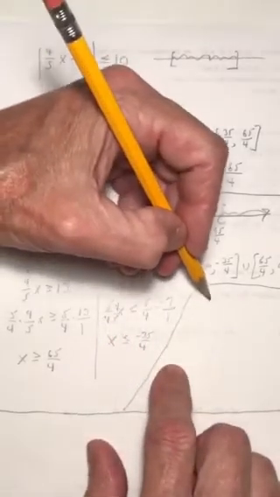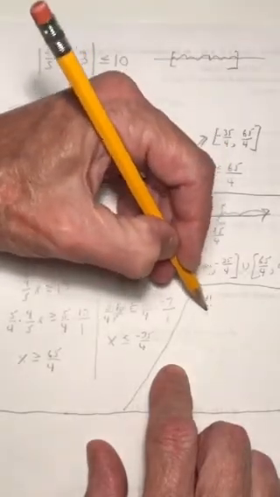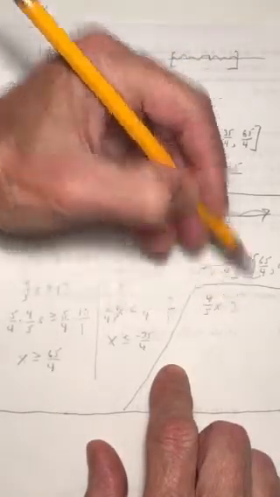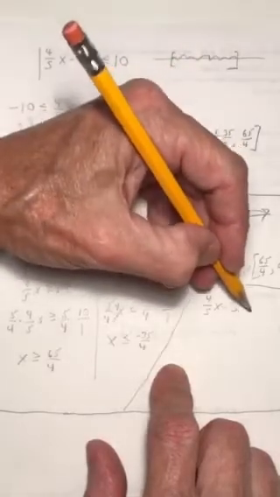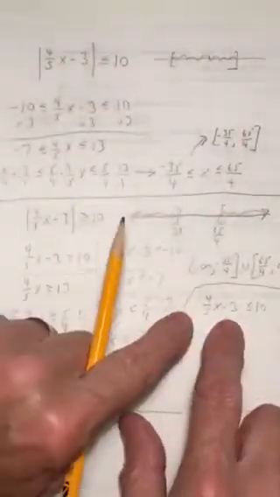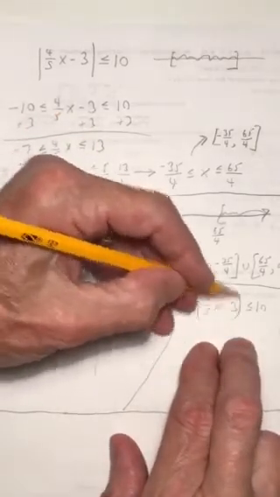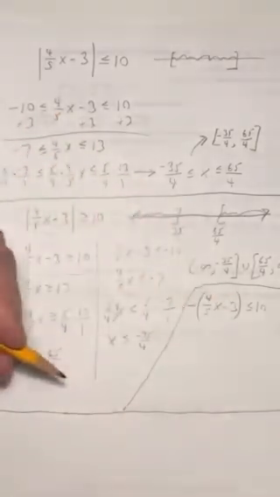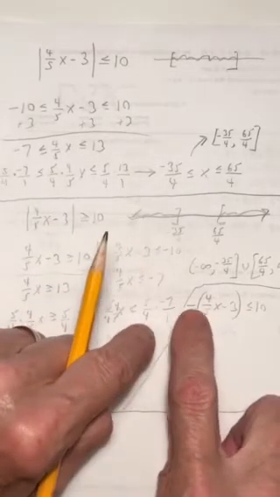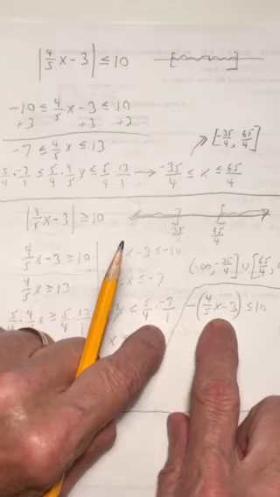Now, if what's in the bracket is negative, if we have 4/5 x minus 3 being negative, what the absolute value bracket's going to do is reverse the sign of what's in there. In other words, if that's a negative number, the negative of the negative number will be a positive number.